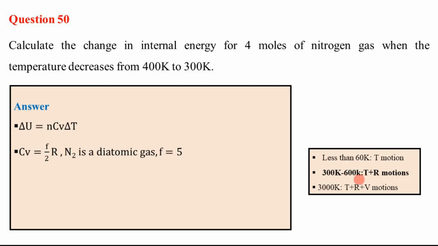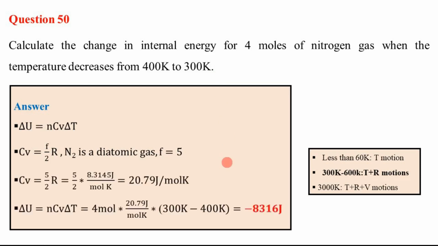Vibrational motion becomes active only at much higher temperatures, but we are here at 400 Kelvin and 300 Kelvin. That means we have only F equal to 5 as the degree of freedom. We can then calculate the CV. After calculating the CV, we have the change in internal energy, which is equal to negative 8316 joules.